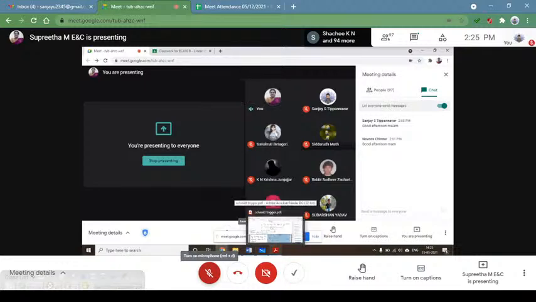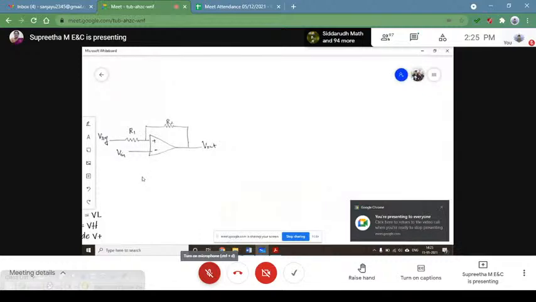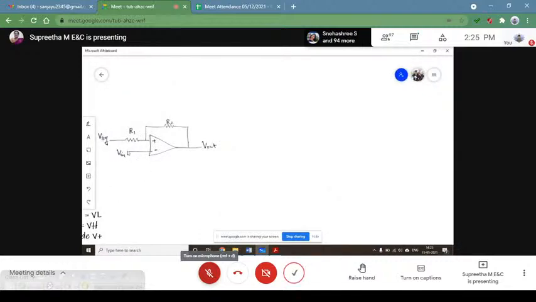Okay, so now I'm just repeating it for the other students who joined now. We have given a reference voltage at R1 instead of connecting it to ground. What is the significance of this reference voltage?